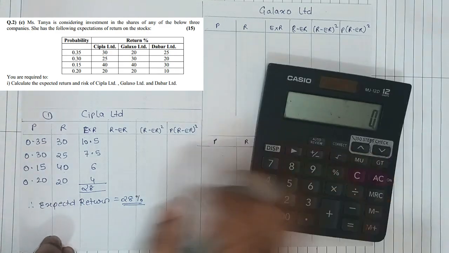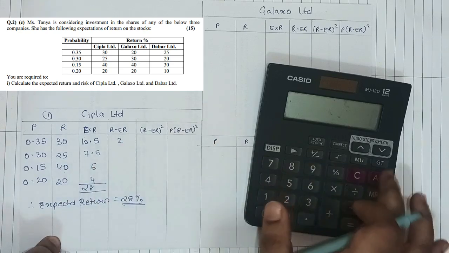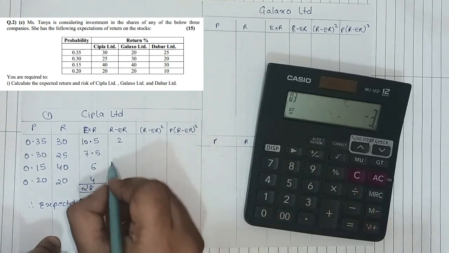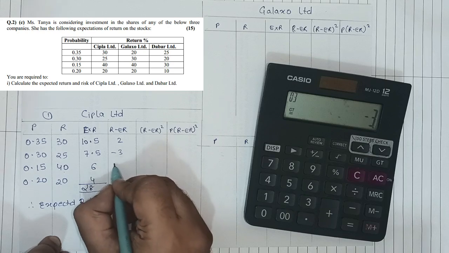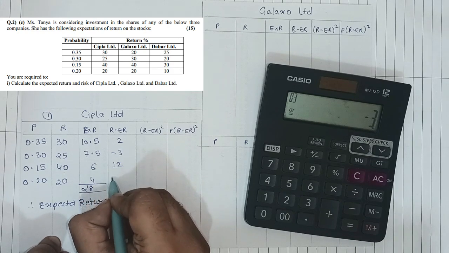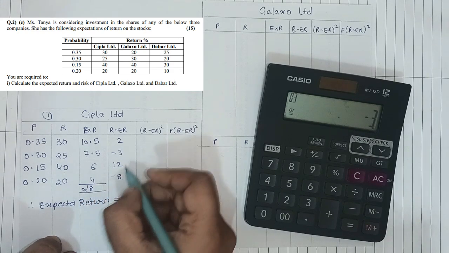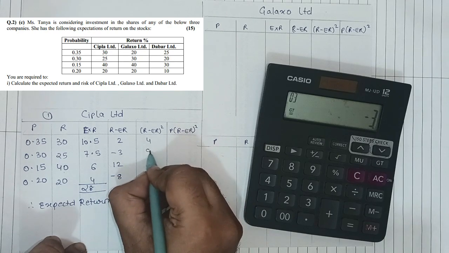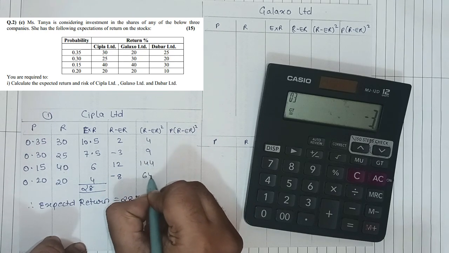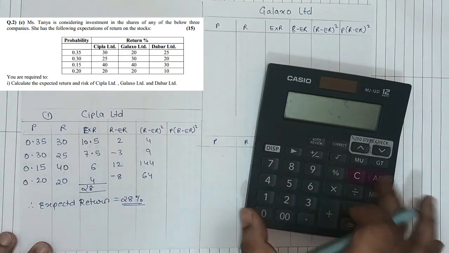Now R minus ER: 30 minus 28 is 2, 25 minus 28 is negative 3, 40 minus 28 is 12, 20 minus 28 is negative 8. Squares are 4, 9, 144, 64. This is multiplied by the probability.